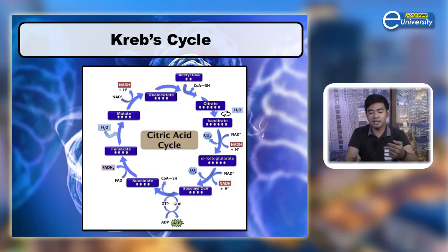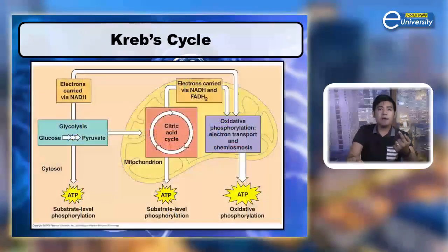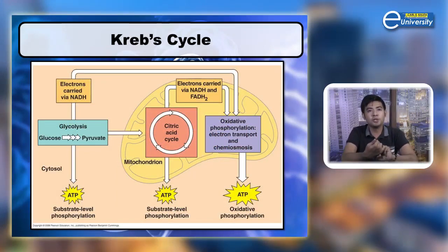But take note that in the process of the Krebs cycle, the main purpose is to produce the two main molecules, the FADH and the NADH. When we say FADH, that is the flavine adenosine dinucleotide. When we say NADH, that is the nicotinamide adenine dinucleotide.